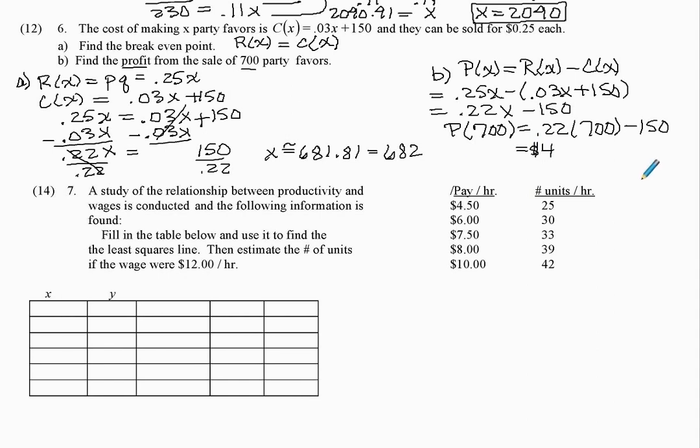All right, next up in number 7 here, we're given a relationship between the pay per hour and the number of units per hour that workers put out. So it says a study in the relationship between productivity and wage is conducted and the following information is found. So that's this information. Fill in the table below, use it to find the least squares line. So that's the regression line.